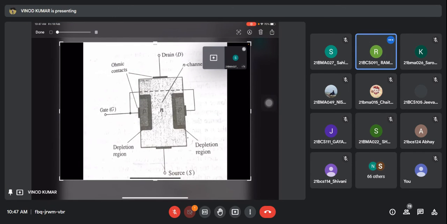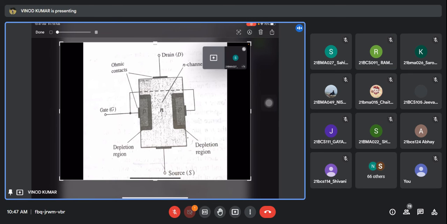यस सर. So this is junction field effect transistors. So instead of this, this is BJT. If you see, ऐसा था ना BJT.